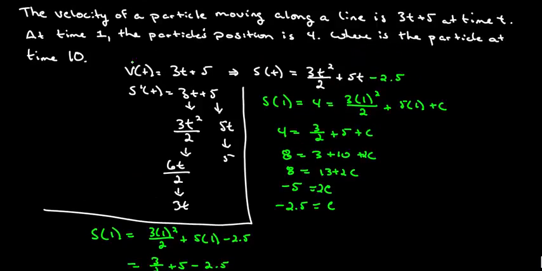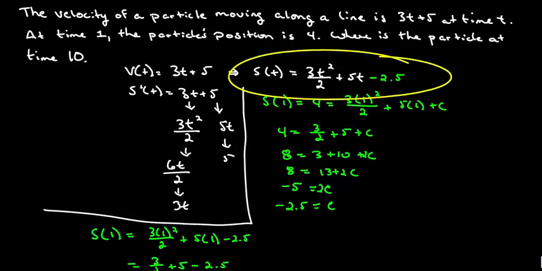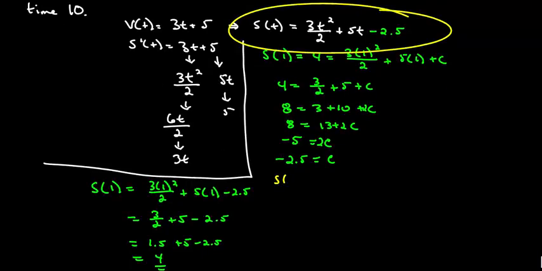Now the question is, what is the position at time 10? Well, we have the position function now. It's right here, so let's plug that in. The position at time 10 is 3 times 10 squared over 2 plus 5 times 10 minus 2.5.